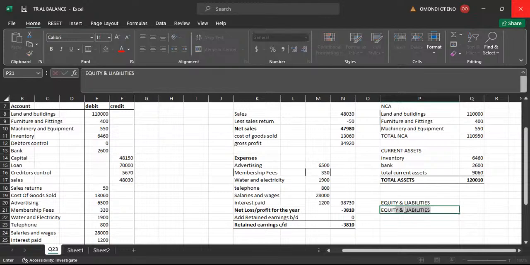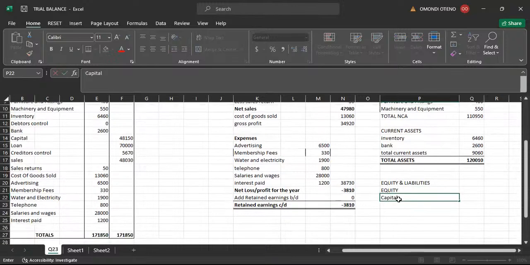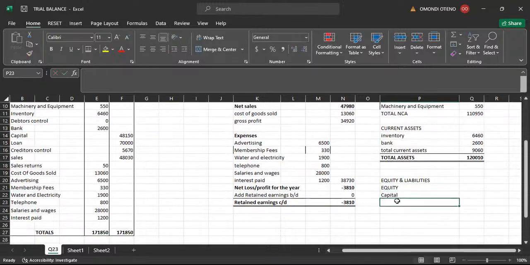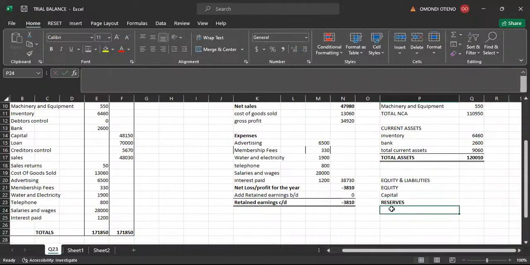We start with equity. And our first item for equity, we have capital. Then we bring in reserves, and reserves here, that's where we have revaluation reserve, general reserve.